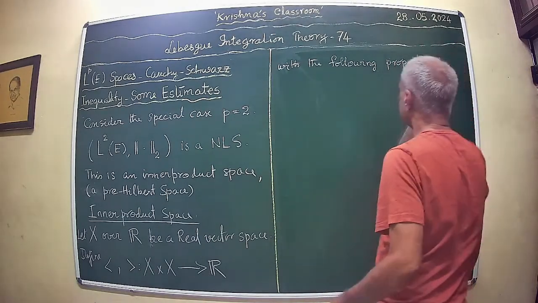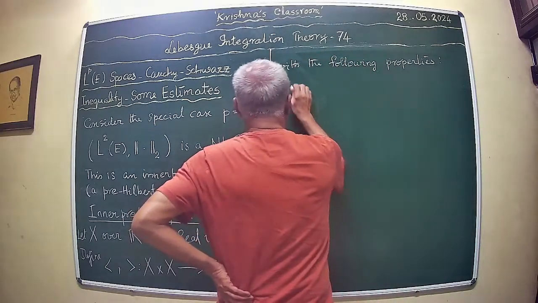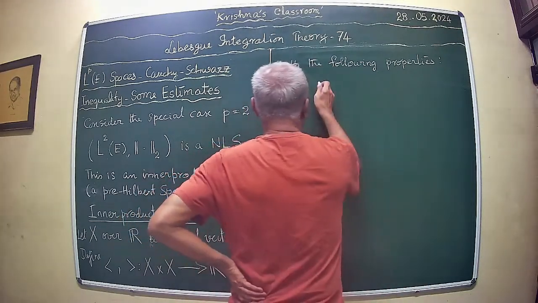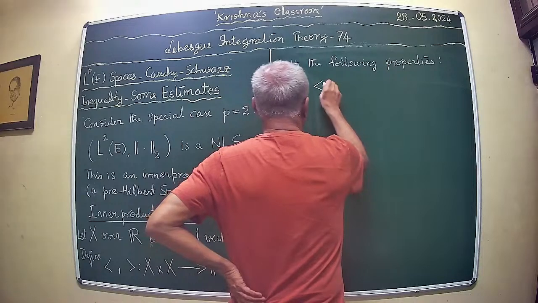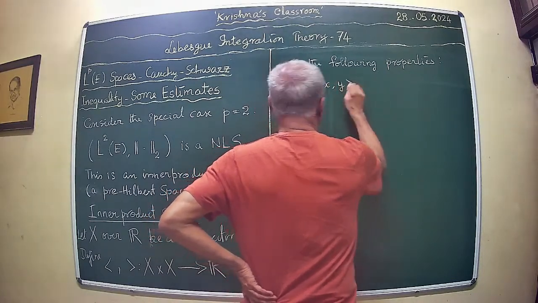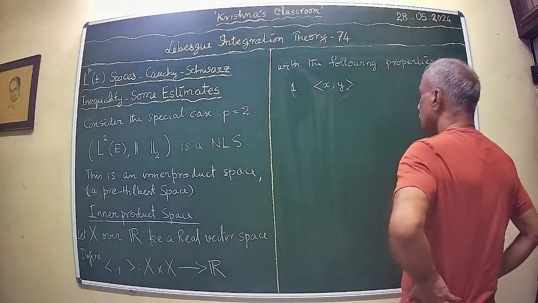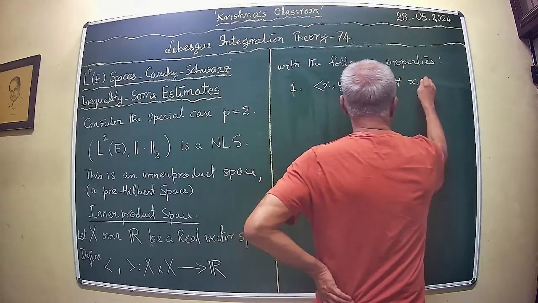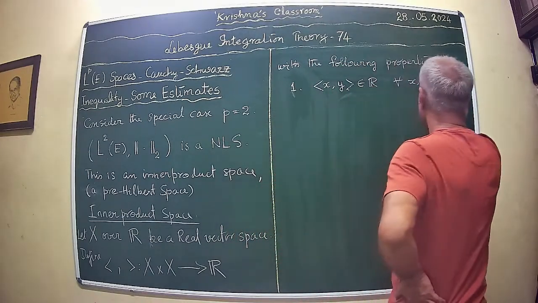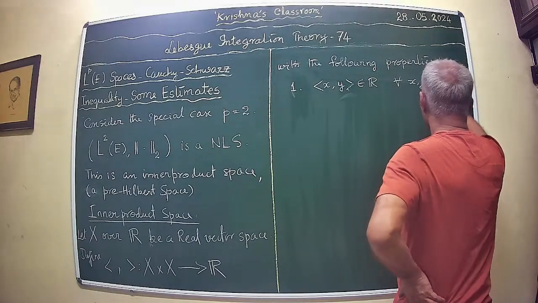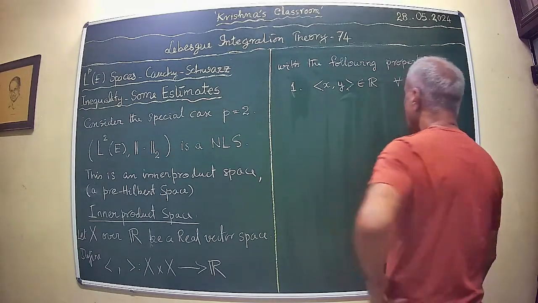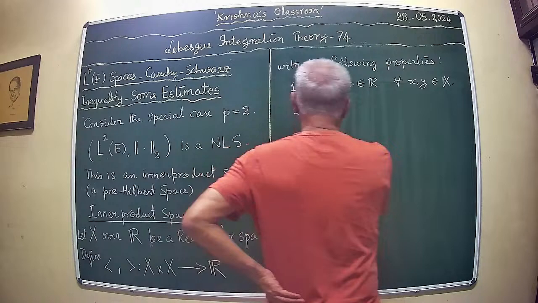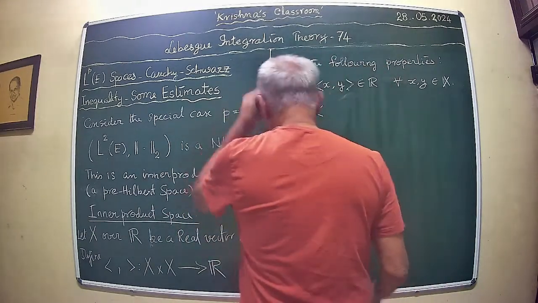The following properties. The first one is that it's a real number for every x, y belonging to X. The second is that it is linear in each of these arguments.